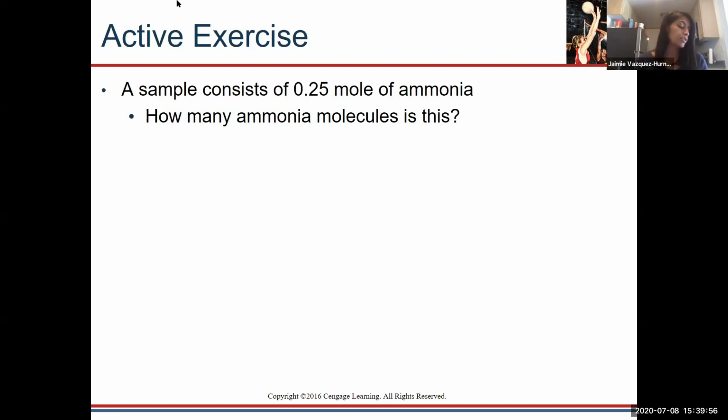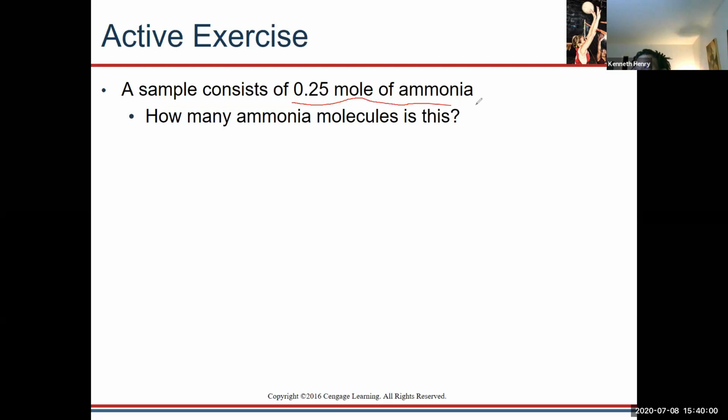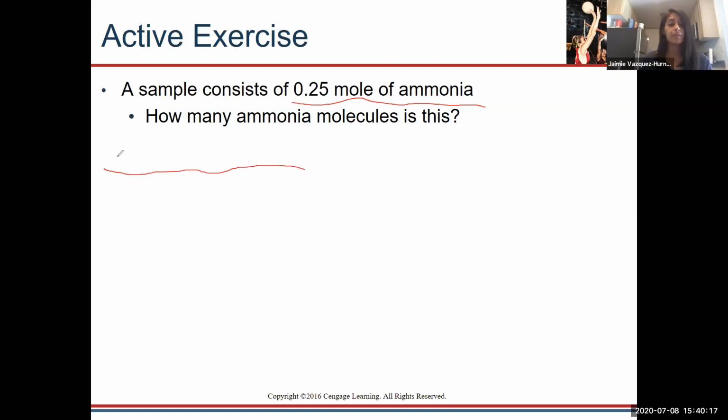It's 0.25 mole of ammonia. It's important because you're sometimes working with more than one chemical. Then what am I going to do? I'm going to write that down first. Do I put that on the bottom of the line or on top of the line? Put it on the top, because it's your given.